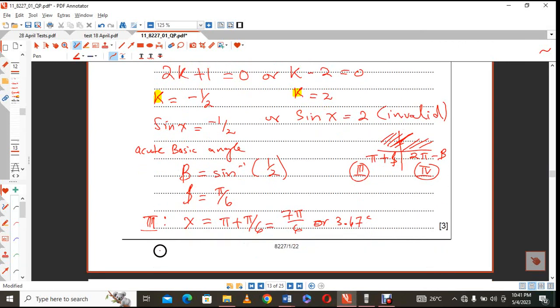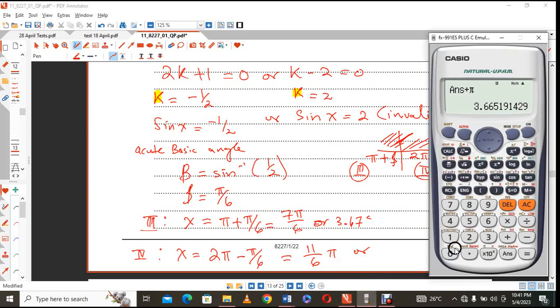Another solution, and I'm just going to write it under here because I don't have much space, is going to be in the fourth quadrant, and you can see that this is still within our domain. The value of x is going to be 2 pi minus our reference angle. So that's 12 minus 1, which gives you 11 over 6 pi. It's 11 o'clock, that's about 330 degrees, but the answer must be in radians.